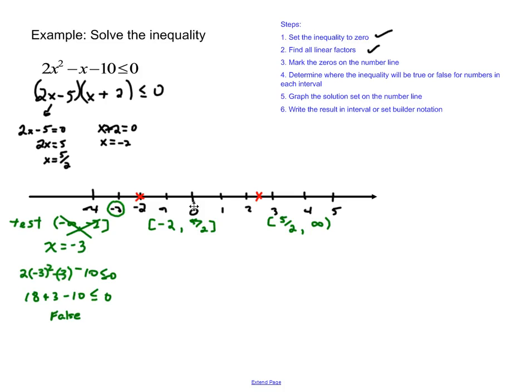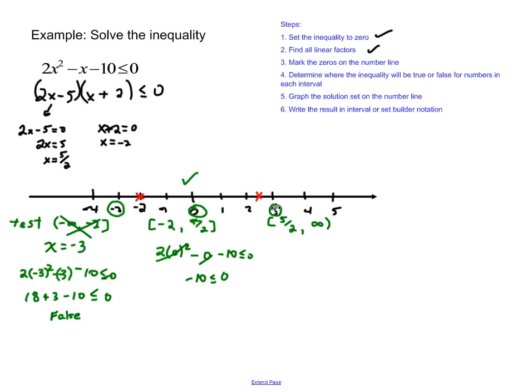But let's pick one in here. Let's try 0. Does 0 work? Well, sure. 2 times 0 squared minus 0 minus 10 would be less than or equal to 0 if it were true, and of course, negative 10 is less than or equal to 0. So that makes it true, and that is part of our solution interval. And we should pick another number over here. This is why you have to be very careful with fractions. You have to know where those fractions lie.